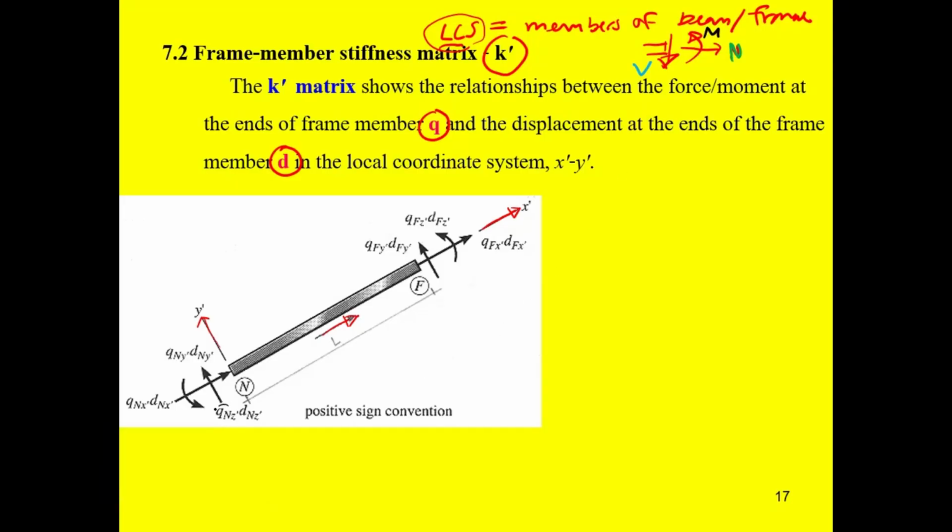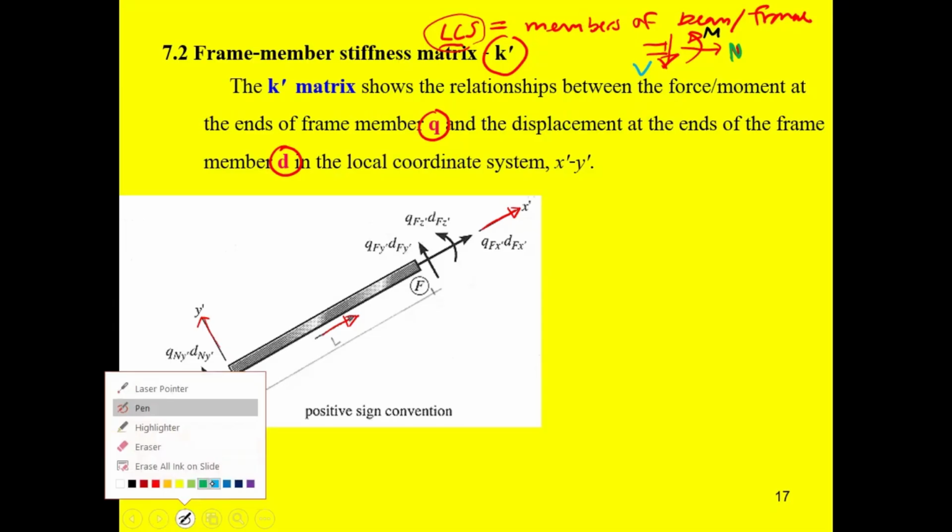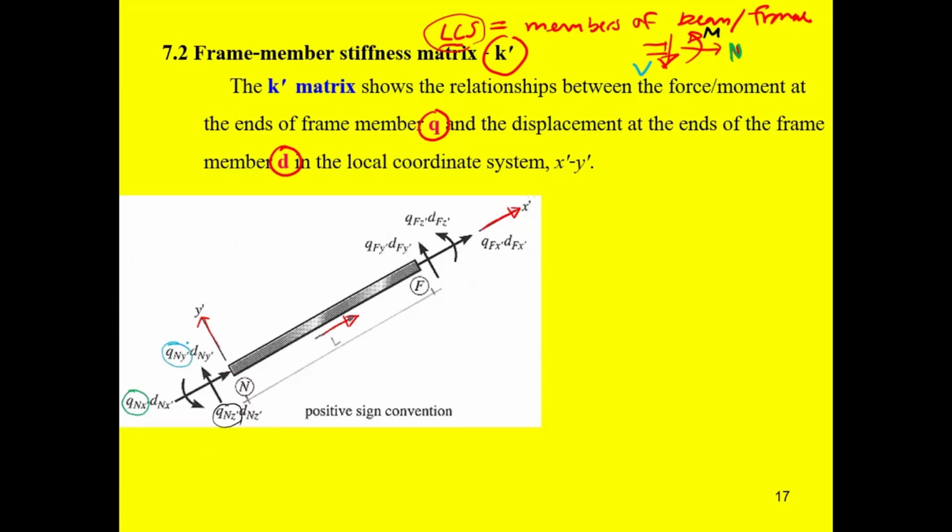This is going to be the internal bending moment, this is going to be the normal force, this is going to be the shear force at the near end, and this is going to be the shear force at the far end. This is going to be the normal force at the far end, and then you have another one. This is going to be the bending moment at the far end.